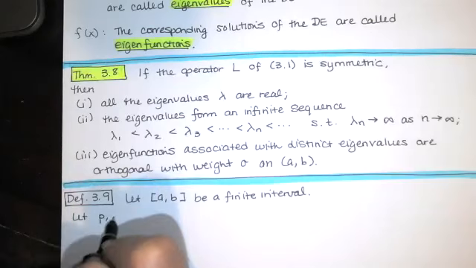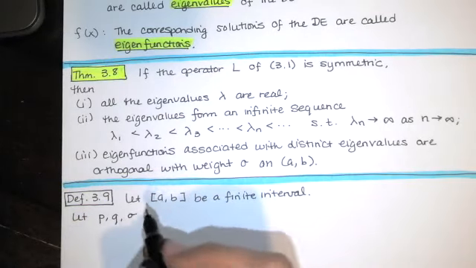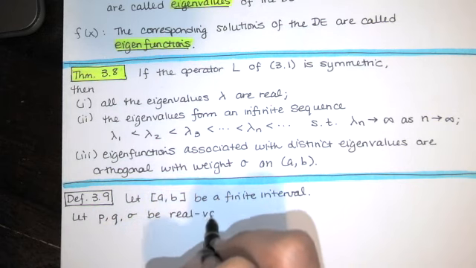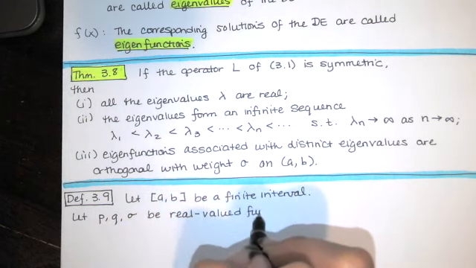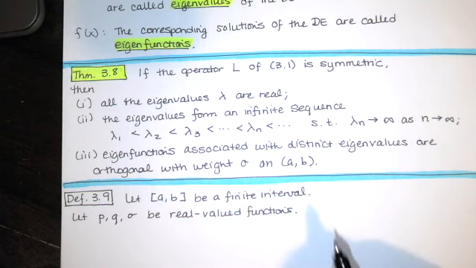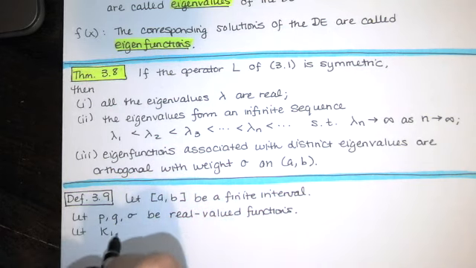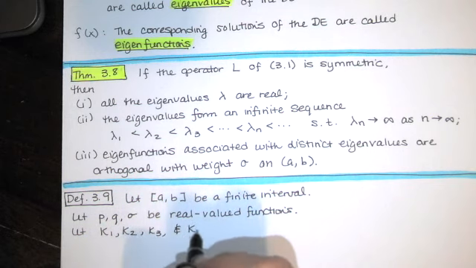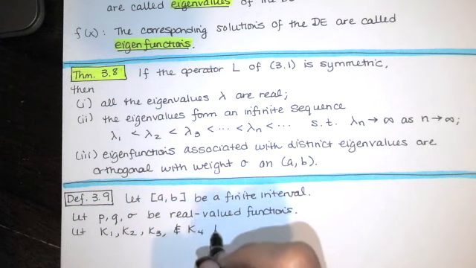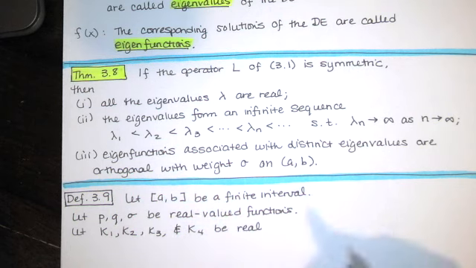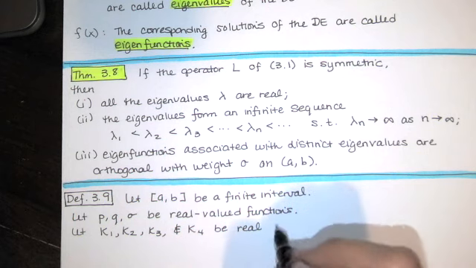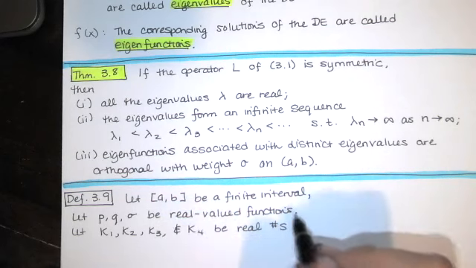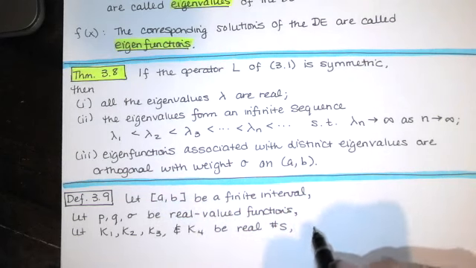We want to let P, Q, and sigma be real valued functions. And we want to let kappa sub 1, kappa sub 2, kappa sub 3, and kappa sub 4 be real numbers. And we want that interval, these functions, and these real numbers to satisfy the following.